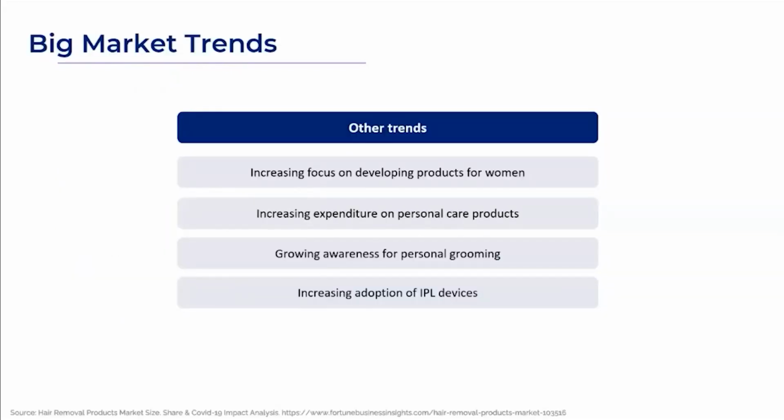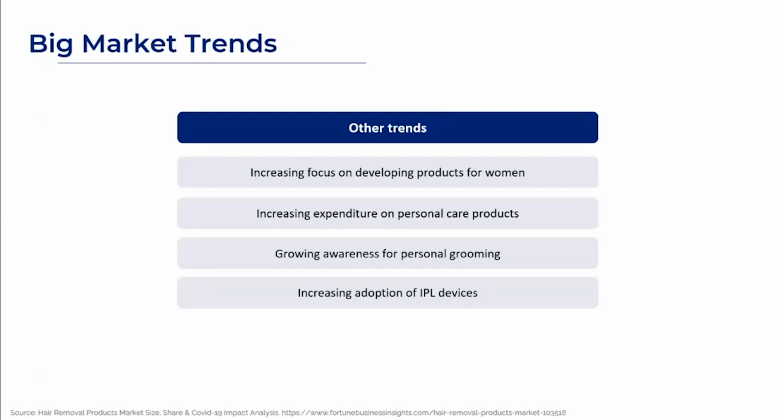These are other trends that are happening in the market: increasing focus on developing products for women. We are seeing that the size of women's use in the category is growing. There is increasing expenditure on personal care products, people becoming more aware of personal care and wanting to groom more.